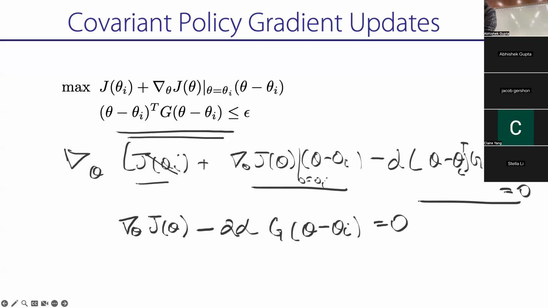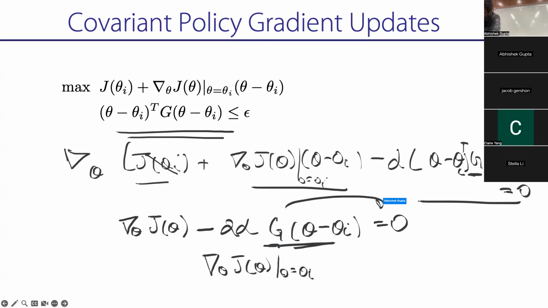Basically your quadratic is weighted by G, which means that your gradient is also going to be weighted by G. You're going to do the same type of algebraic manipulation. You take this over to the other side, so this is 2 alpha G theta minus theta I, and you multiply and divide by G inverse.